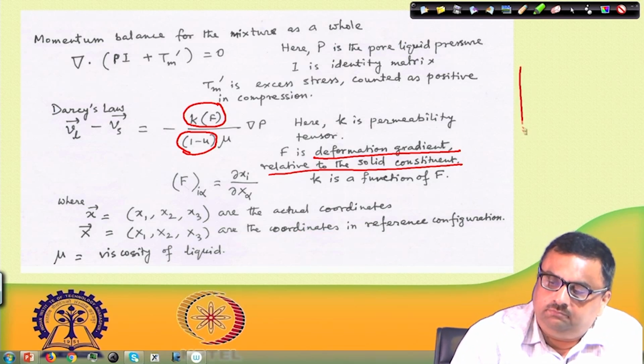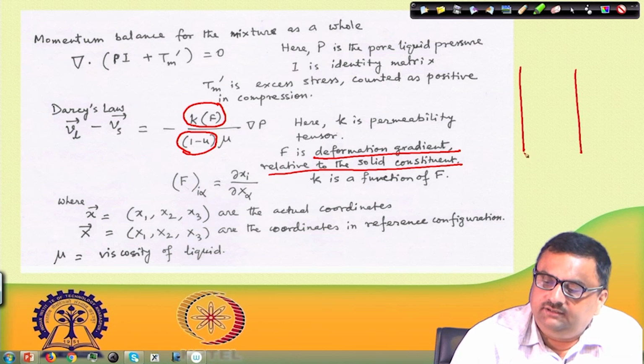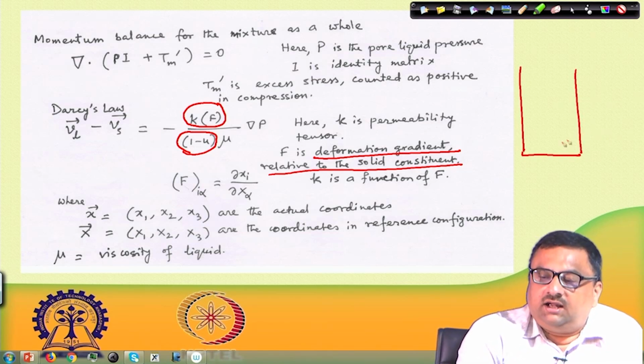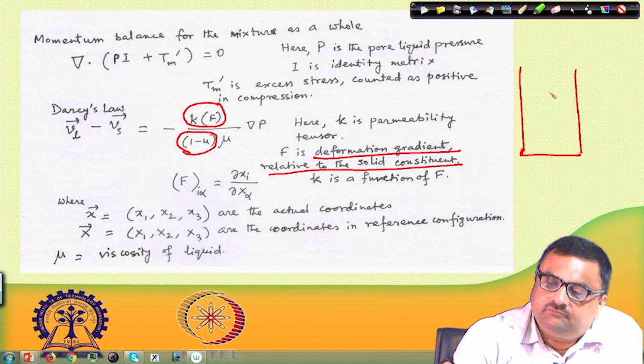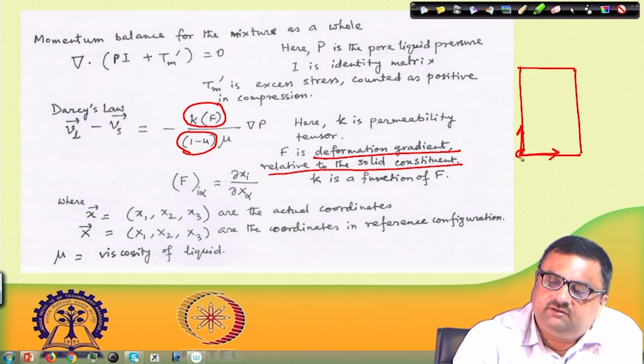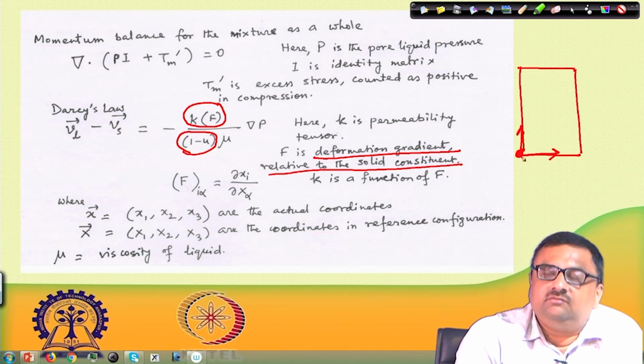What that means is that suppose I have this as the porous medium. So, let us say this is the porous medium and we have defined x and y with respect to the fixed coordinate.